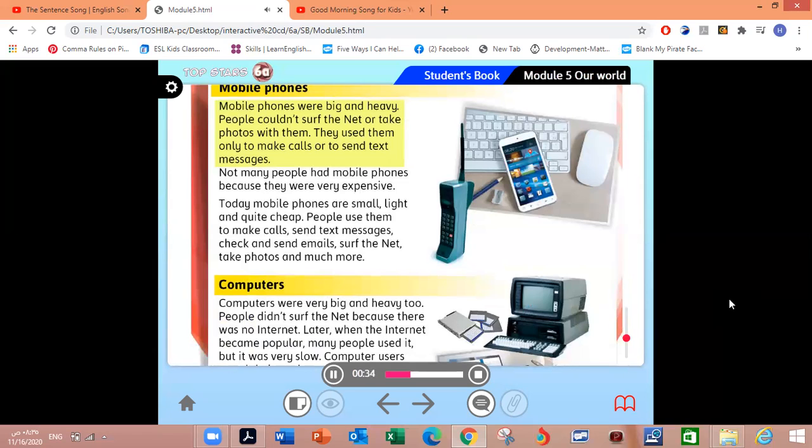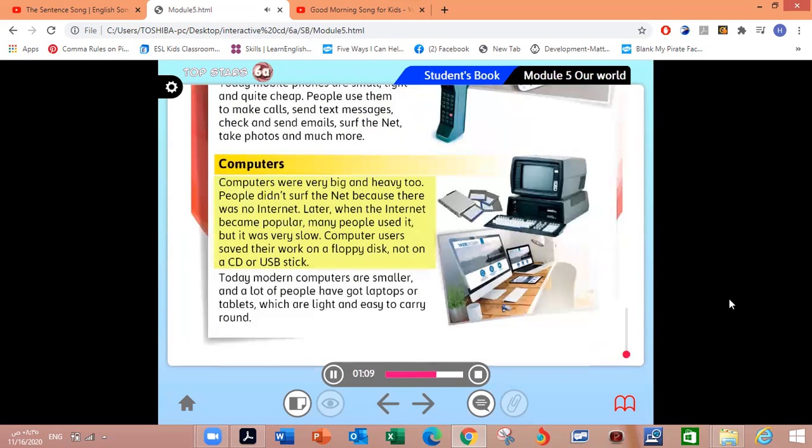People couldn't surf the net or take photos with them. They used them only to make calls or to send text messages. Not many people had mobile phones because they were very expensive. Today, mobile phones are small, light, and quite cheap. People use them to make calls, send text messages, check and send emails, surf the net, take photos, and much more.